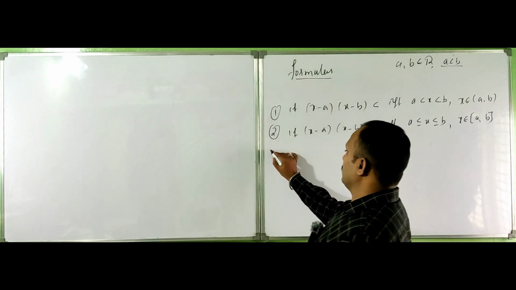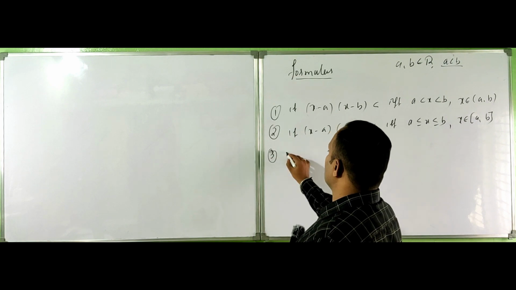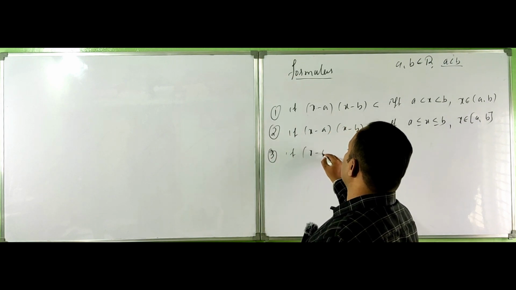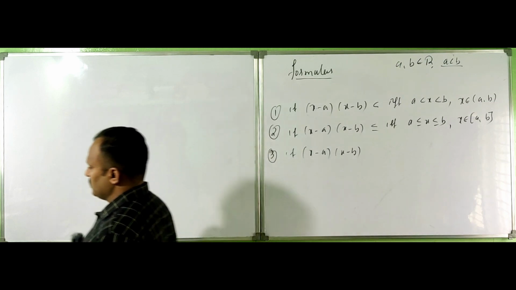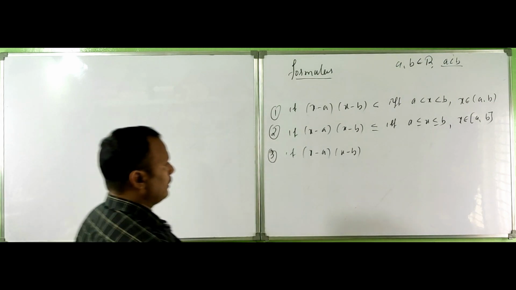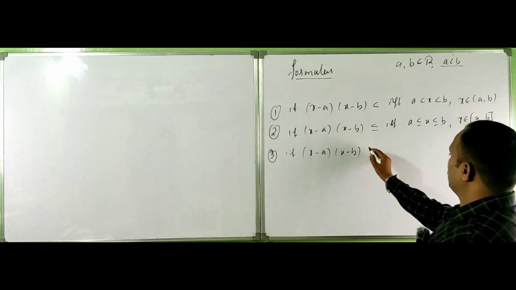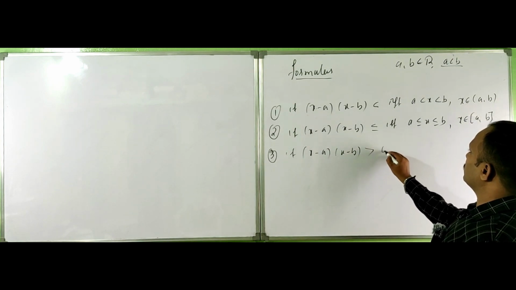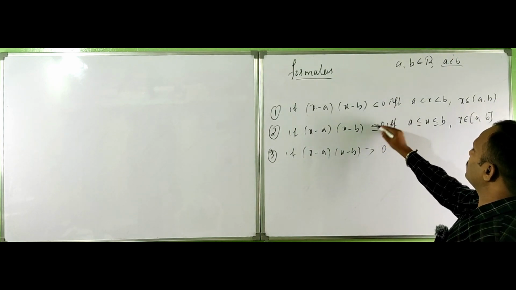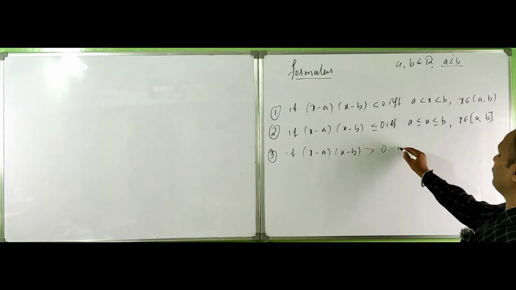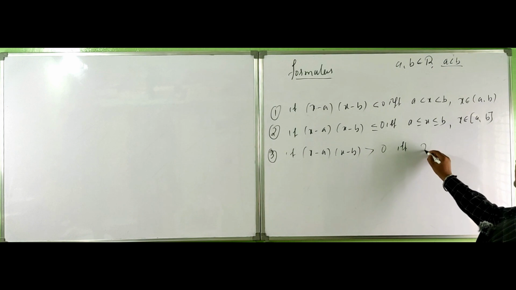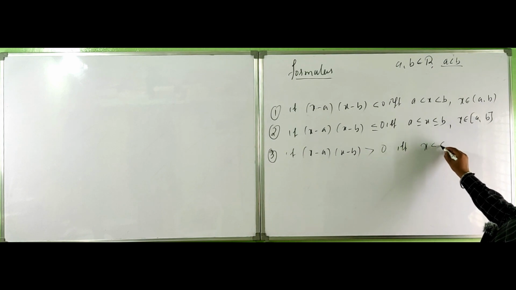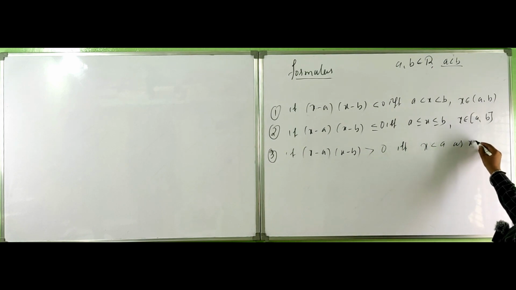Next, the third one is, again (x minus a)(x minus b) greater than 0, if x is less than a or x is greater than b.